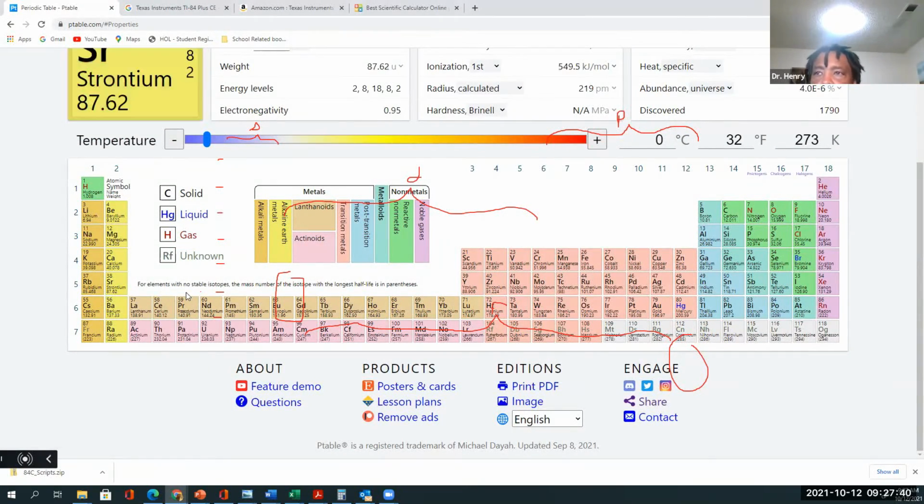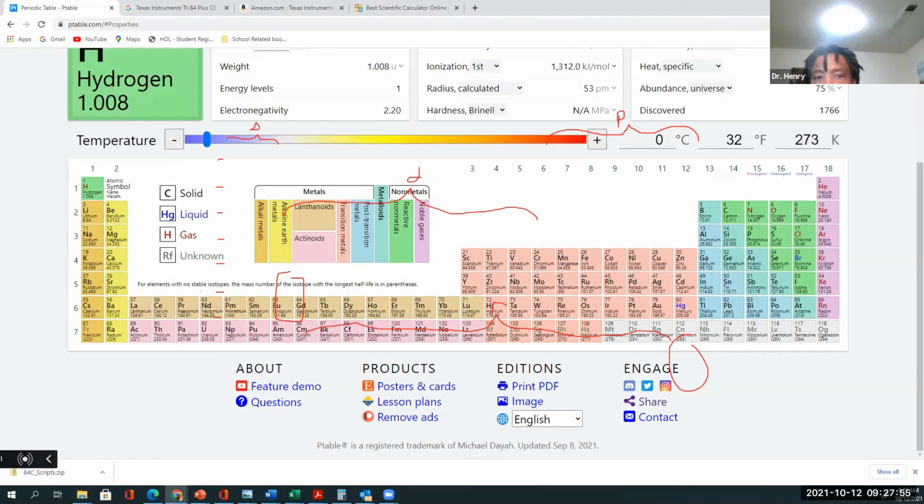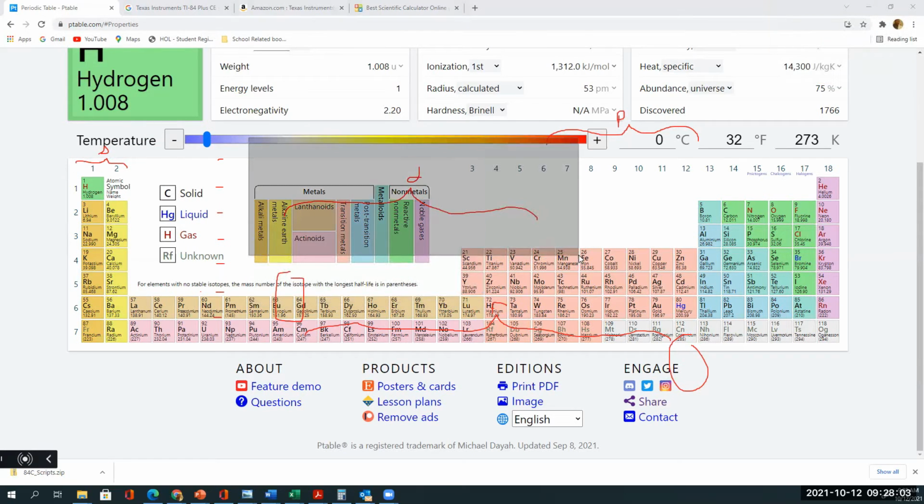Okay, here is where the F really is. And if you look, these guys are actually in the D. Okay, you guys see that? So can you guys see my full screen? I don't know what you guys can see or not. Can you see everything? The full periodic table? Yeah, I can see it.